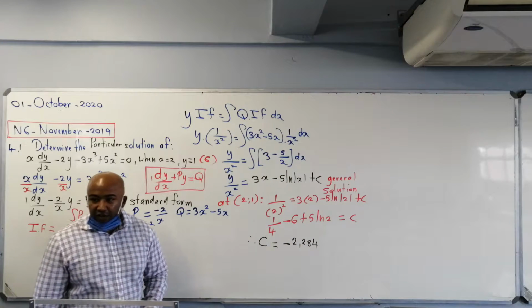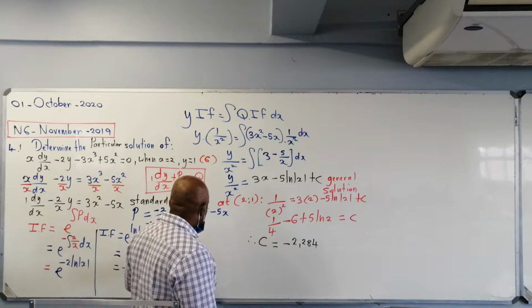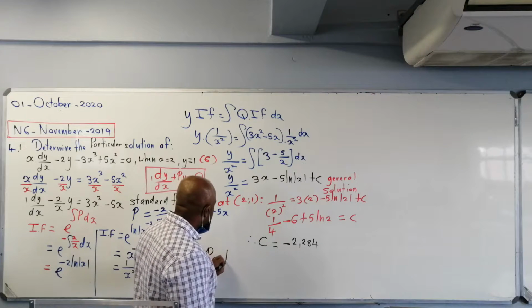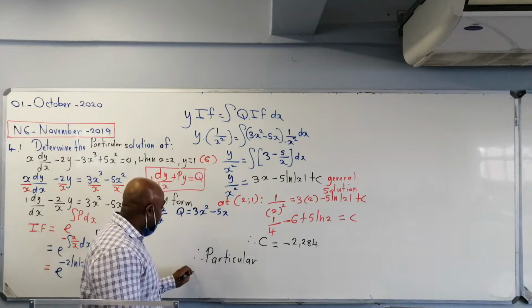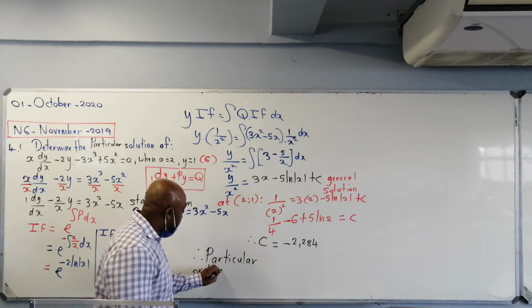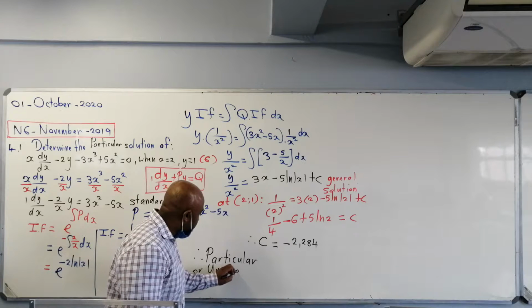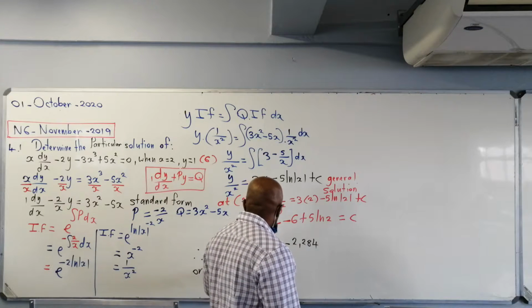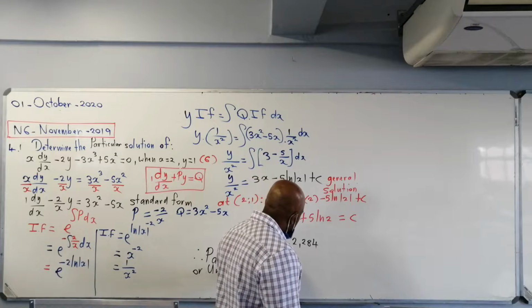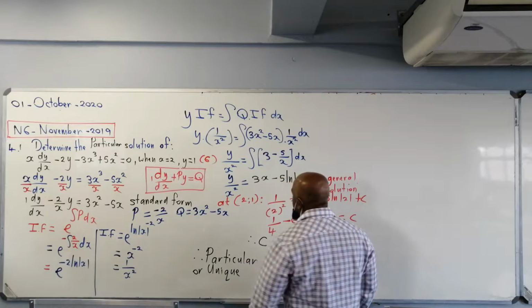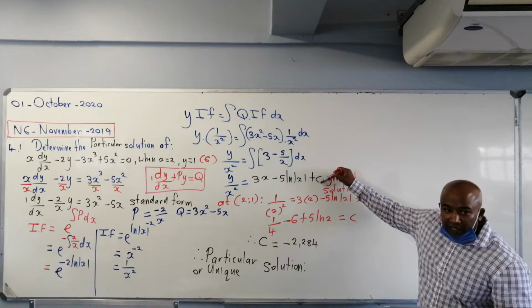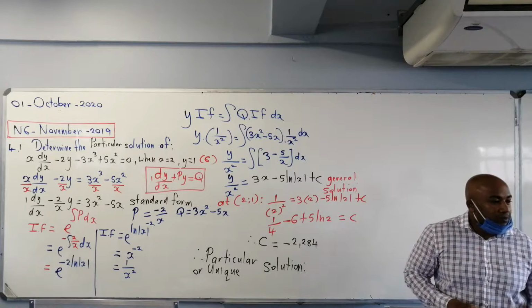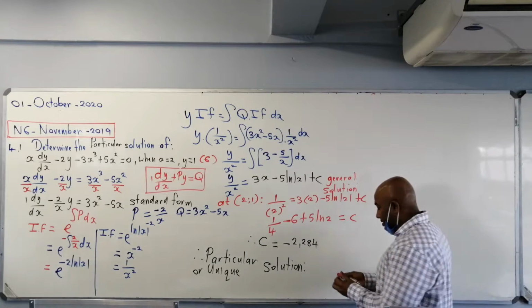So we found the value of c. So therefore, our particular solution, or you can call it a unique solution. What do you do? You go back to the general solution, substitute the value of c, and that will be your particular solution, your final answer.